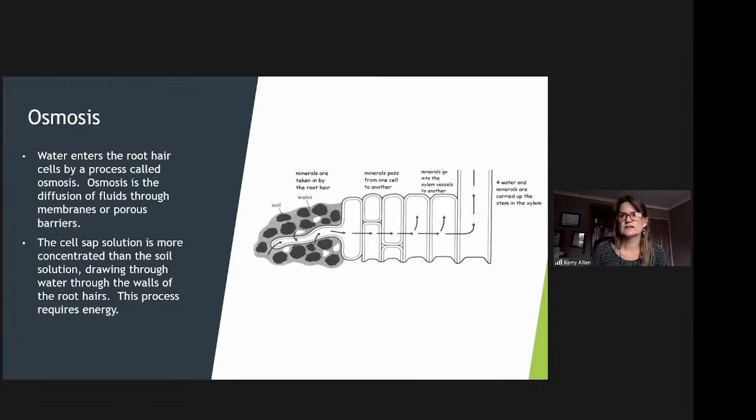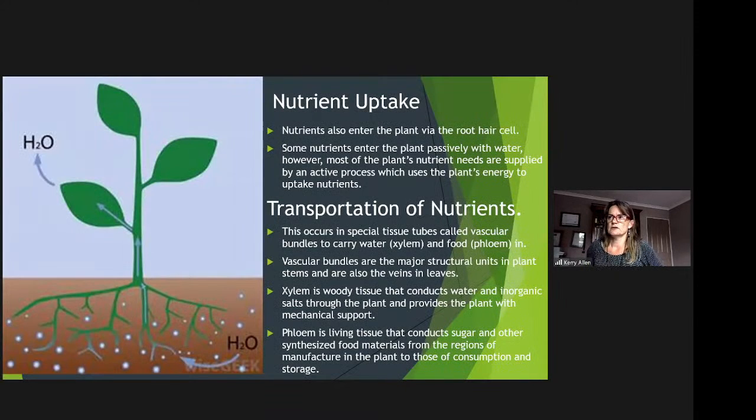Okay, osmosis. This is how it gets the water and fluids through the membranes into the root. This can be affected if there isn't enough water in the soil. And remember, this is the process used to get minerals out of the soil into the plant, to be used in their production, and also used in nutrient uptake.